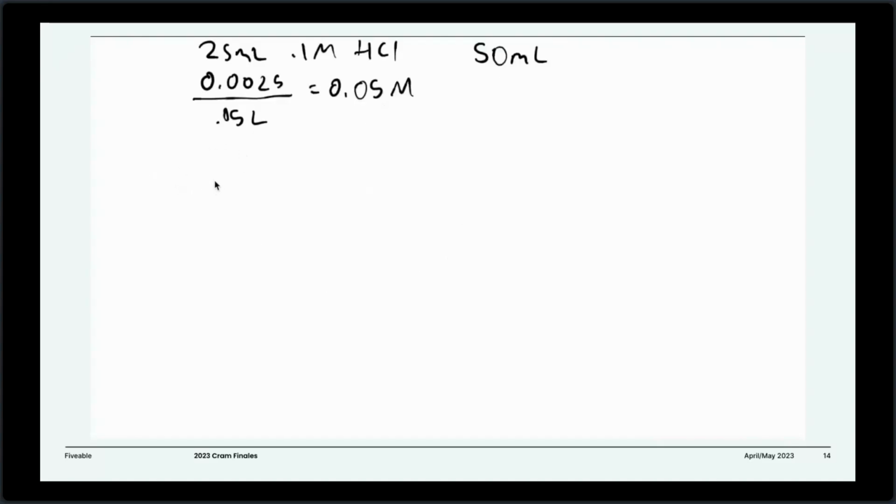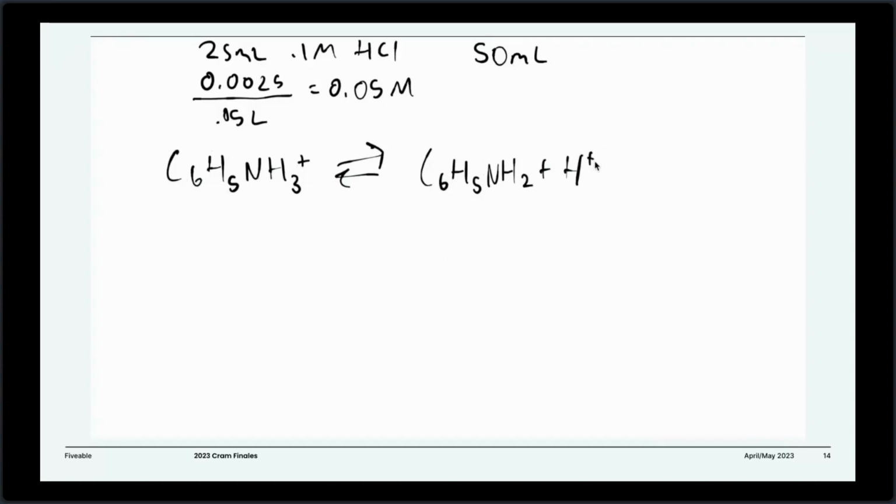Now from there, we yet again set up another ICE table. So we have C6H5NH3 plus, going both ways since we have a weak base, and we have C6H5NH2, and we have our hydrogen ion on the product side.